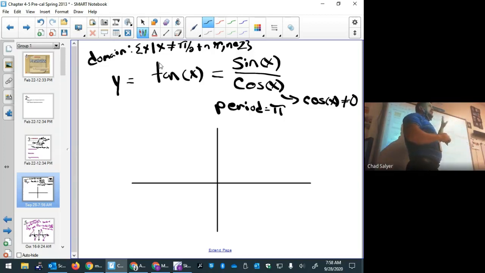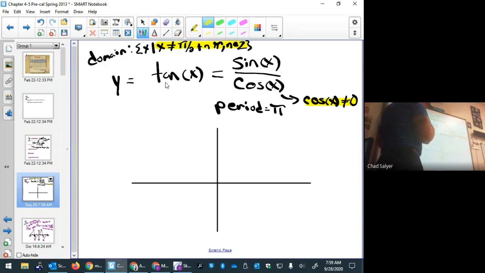It's at 90 degrees, and then at 180 degrees after that, and so on. So this is what forces this. The domain is going to have asymptotes at 90 degrees, and then every 180 degrees after that, or negative 180 degrees, depending on which direction you're going.